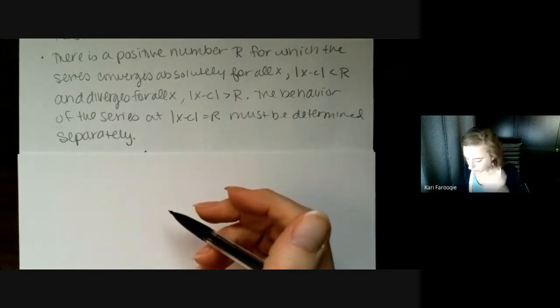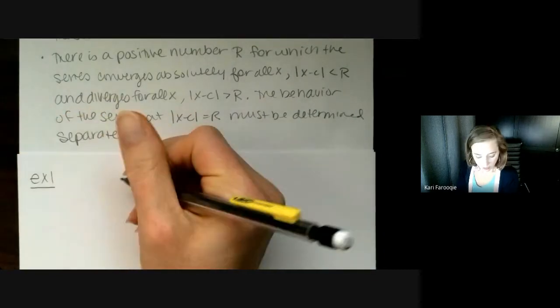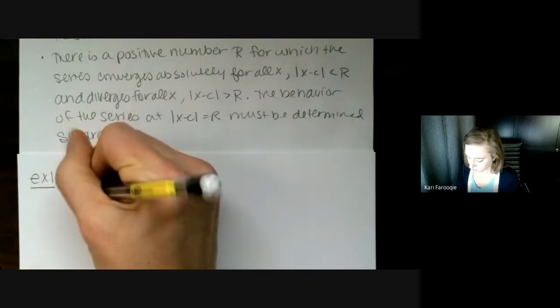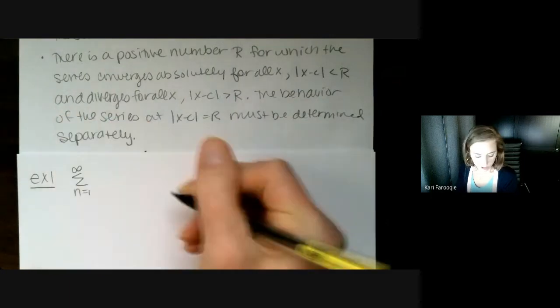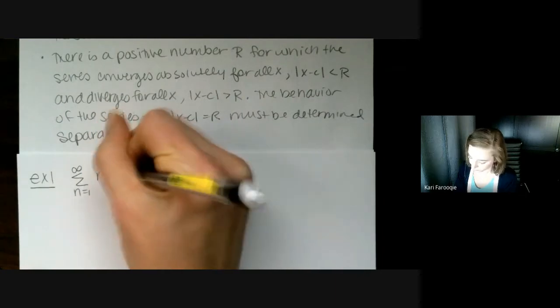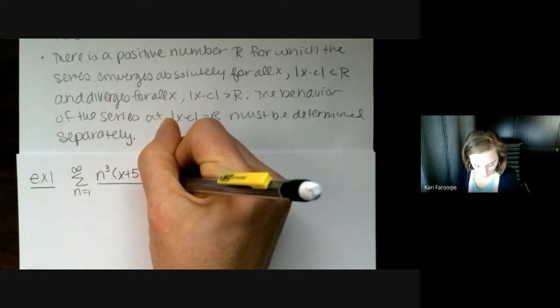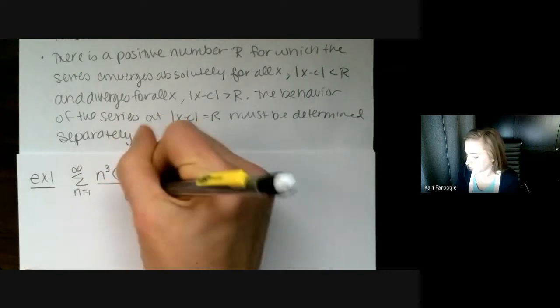All right, example number 1. So this is going to be the series, and we'll use n. We'll go from n equals 1 to infinity of n cubed times x plus 5 to the nth power divided by 6 to the nth power.